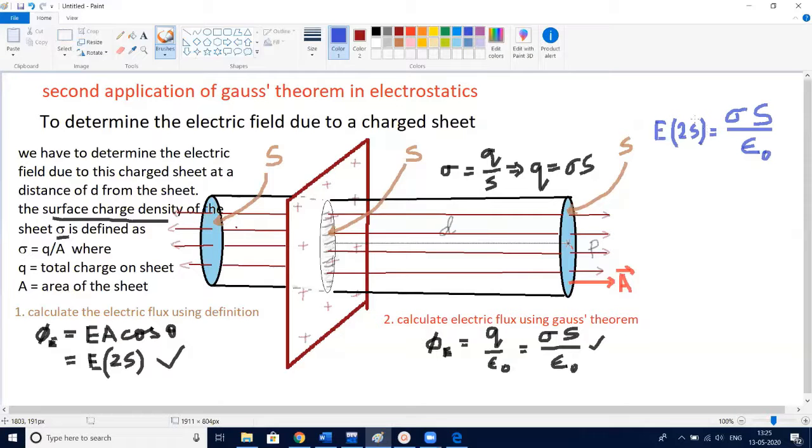Now it should be noted that this S and this S are the same. So we can cancel those two. And hence we get E is equal to sigma by 2 times epsilon naught.